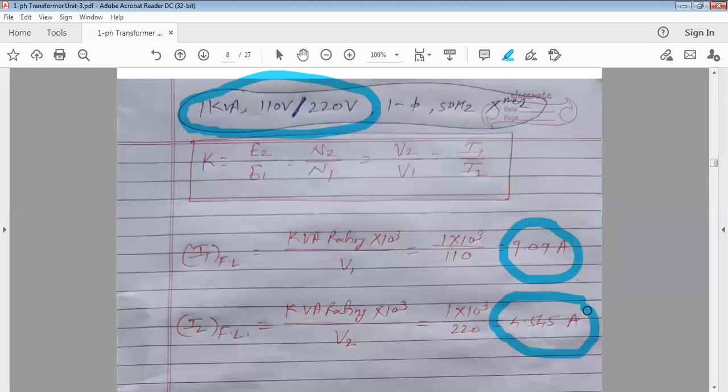Now as you go on increasing the load on the transformer, we know I1 and I2 values increase. So how much load can you put on the transformer so that the current in the primary is not more than 9.09 ampere and the current in the secondary is not more than 4.545 ampere?